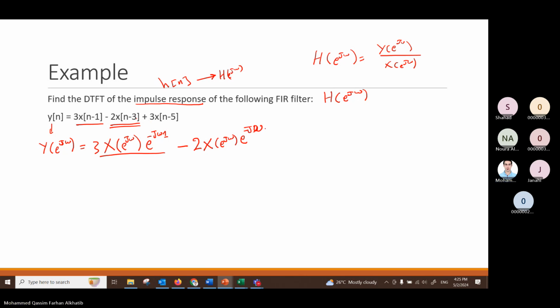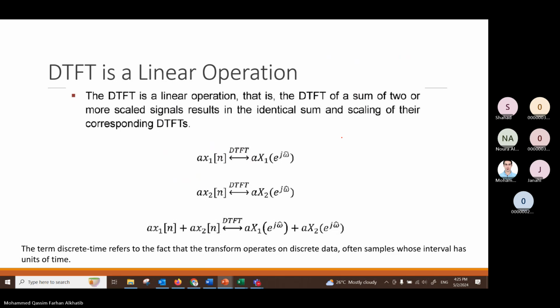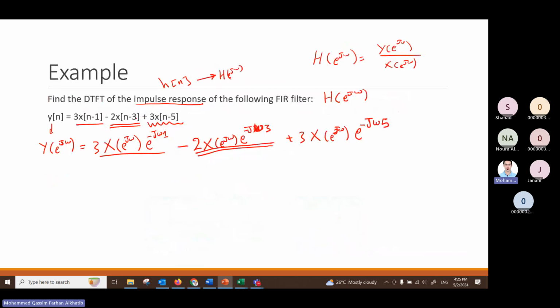So that's the other part. The third part, I'll do with a curly line: plus 3 X of e j omega e to the power minus j omega 5. Double check. Yeah, you just multiply by the constant.